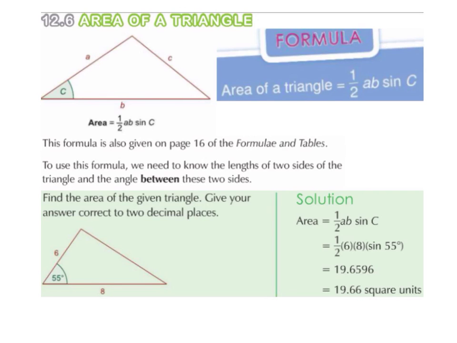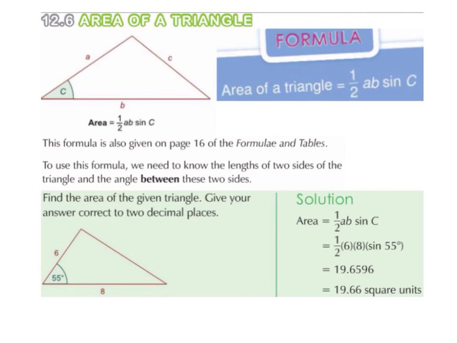So here's our example. Find the area of the given triangle. Give your answer correct to 2 decimal places. So we have an angle of 55 degrees and the side lengths are 6 and 8. What we're going to do is label our triangle.